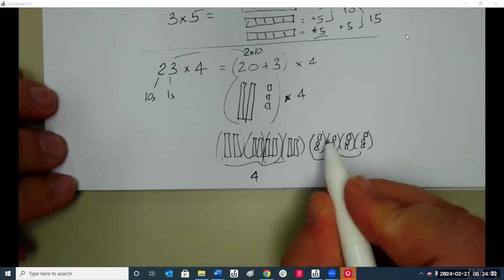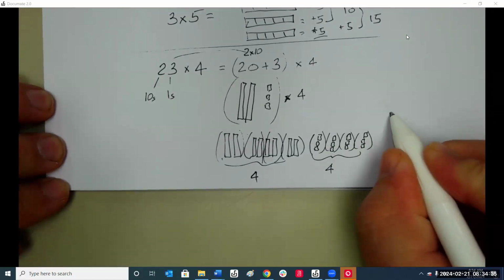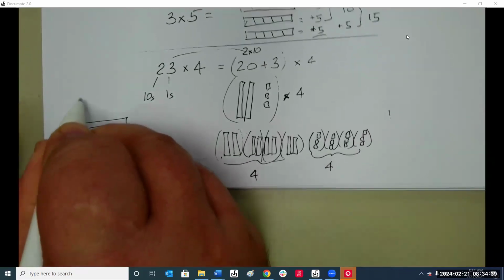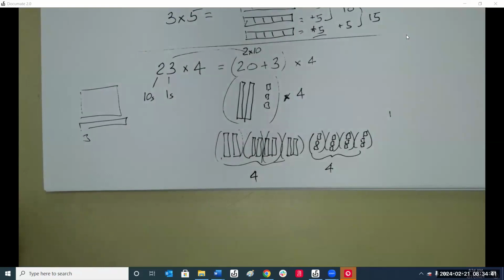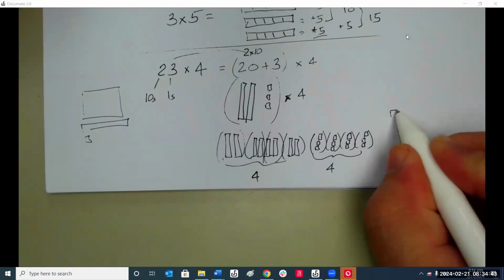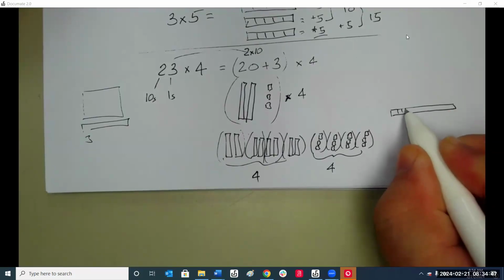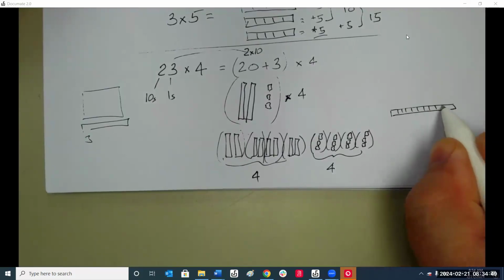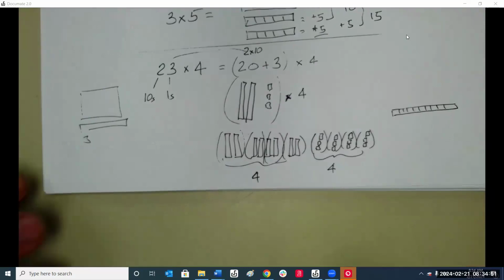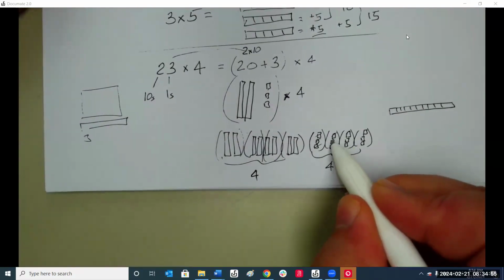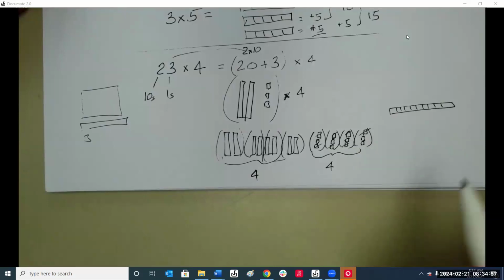Either have them count them, or you're right, arrange them. So you know that you only have either ones, tens, or hundreds. So I would take these, have them put them all together until they get one big long one. So we have 1, 2, 3, 4, 5, 6, 7, 8, 9, 10.